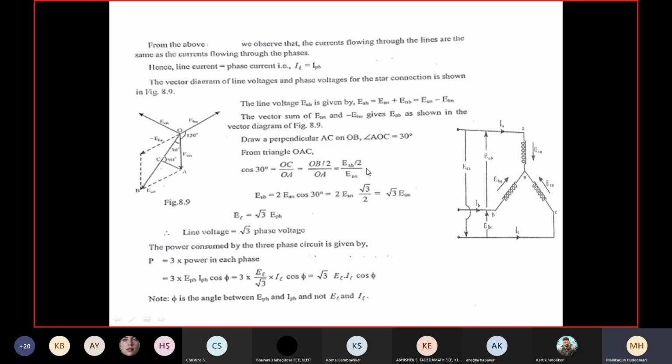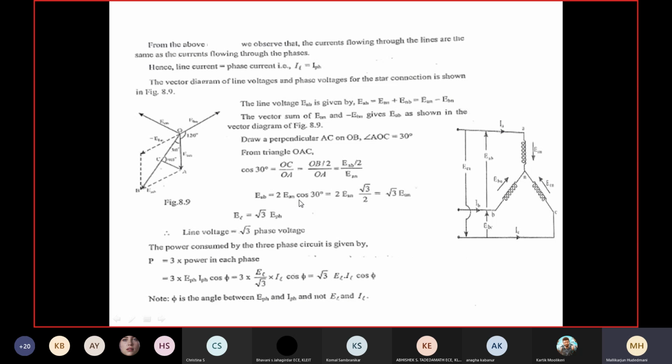EAB. So OB by 2 is EAB divided by 2. What is OA? OA is one of the phase voltages, EAN. So from this, what is cos 30? Root 3 by 2. When I mention this cos 30 as root 3 by 2, the other side is EAB by 2 divided by EAN.